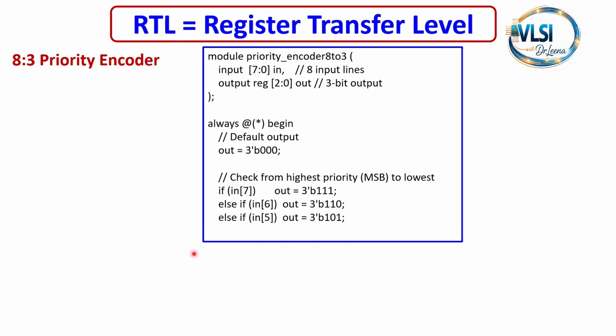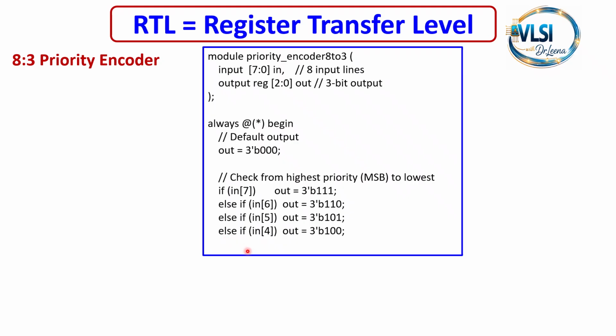And in the next condition, else if the higher bits are low and IN5 is high, the output is 101, that is the binary of 5. The next condition tells us that if IN4 is the highest priority one, then the output is 100, that is the binary of 4.